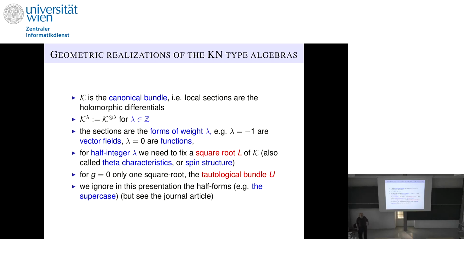So we have 2 to the power 2g of them. For g equals 0, we have only 1. For g equals 1, we already have 4 spin structures. This is an additional choice which we could make, but I will skip this because we are interested in g equals 0, and there is no special choice here.